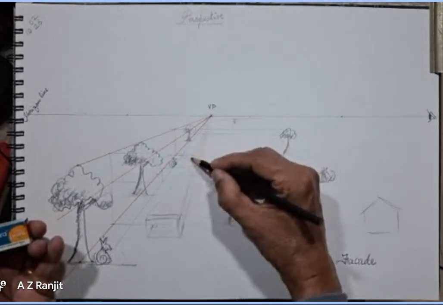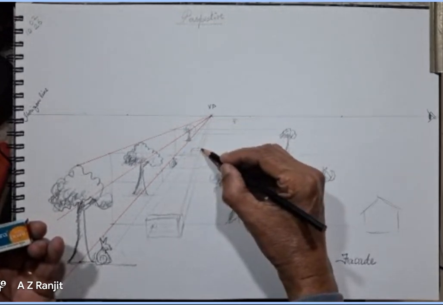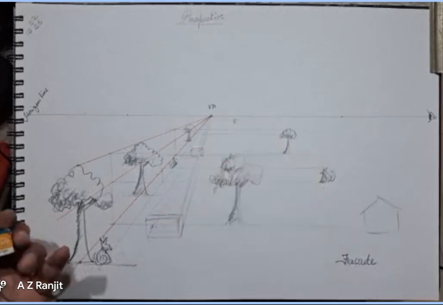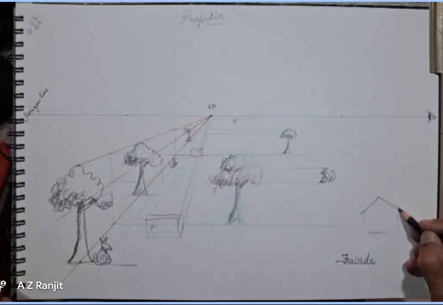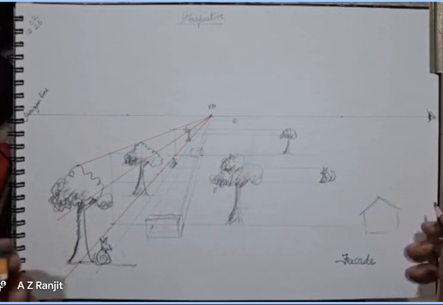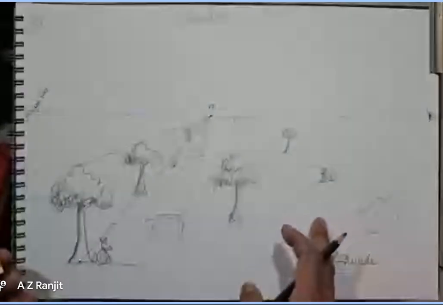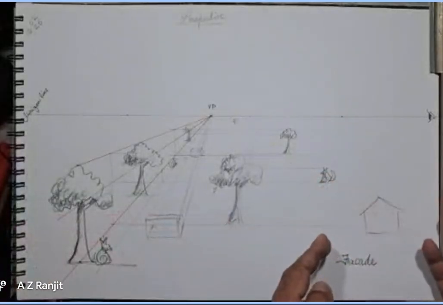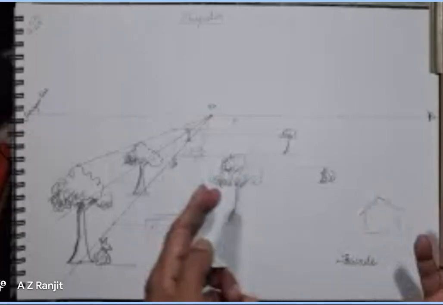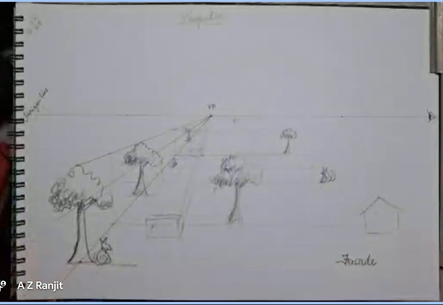From here, there will be one line. Is this understood? We can take this side as the facade, then we draw it this way. You can keep changing the direction, but I'm drawing it this way.